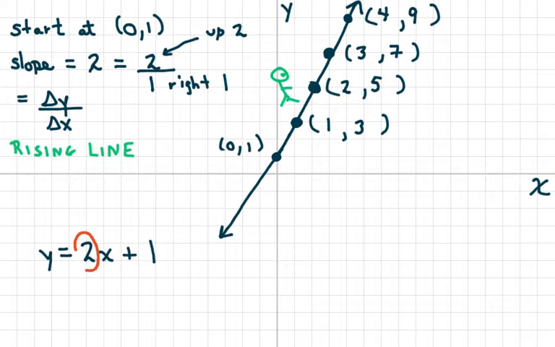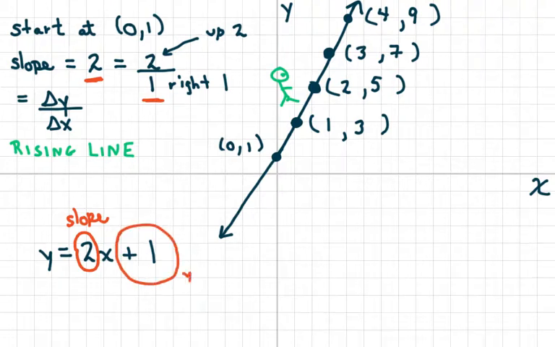In this format, the number in front of the x is my slope. That's the slope I gave you up here, and we thought about it as a fraction. This number tells me where on the y-axis I'm going to start my line, and if I'm on the y-axis, if y is going to be 1, x has to be 0.